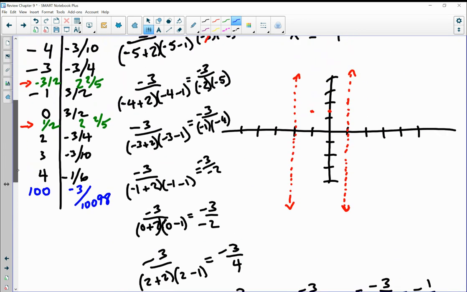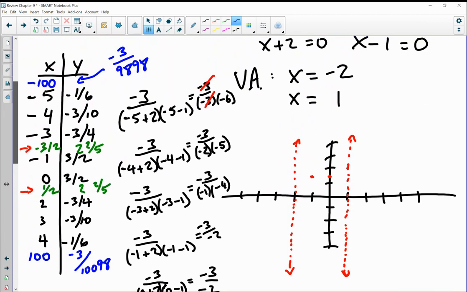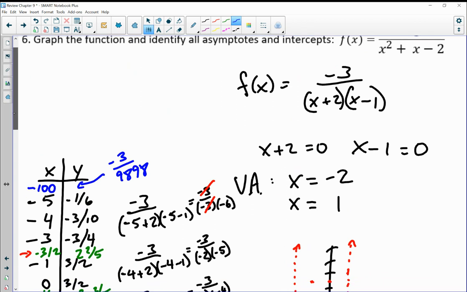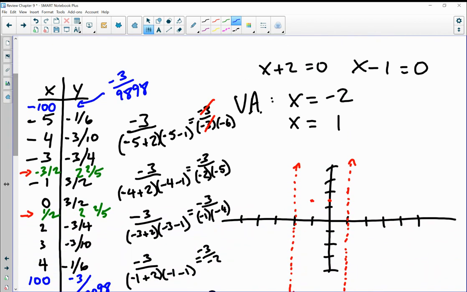Okay, so let's graph it. We have our points with us. So we'll have the negative 100. Notice that it'll be something very close to 0, but on the underside of 0, so something like over here. Okay, and then our points, negative 5, negative 1/6. Negative 4, negative 3/10.